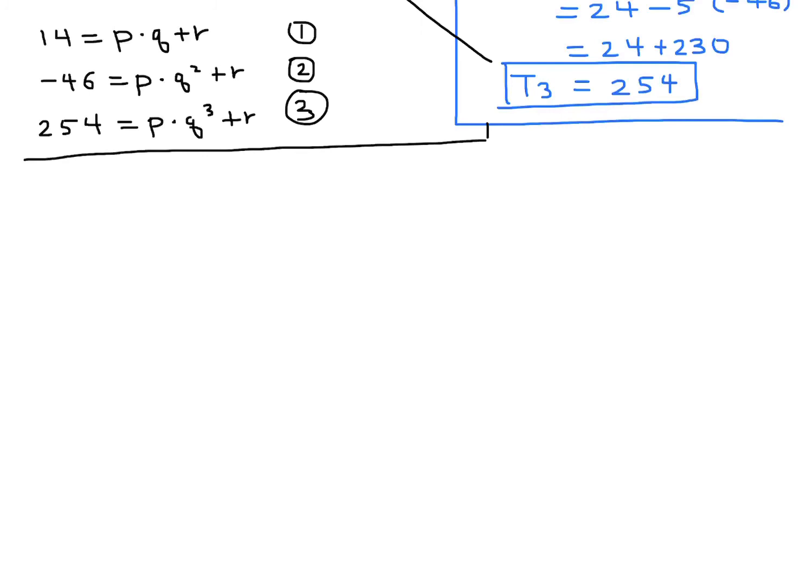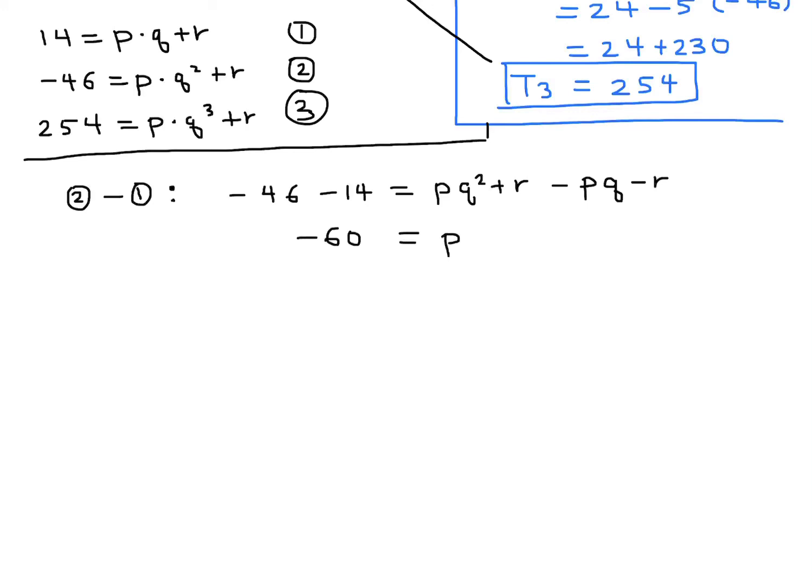So the first thing I saw is that I can probably get rid of these R's pretty quickly. Like 2 minus 1, that would get rid of the R's. So if I did 2 minus 1, I'd have minus 46 minus 14. And on the other side, I'd have PQ squared plus R minus PQ minus R. So this becomes minus 60, and this becomes PQ squared minus PQ.